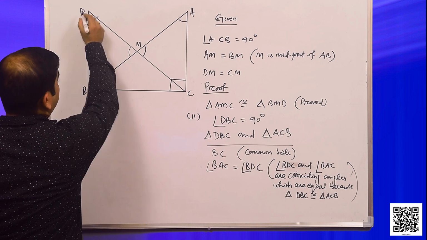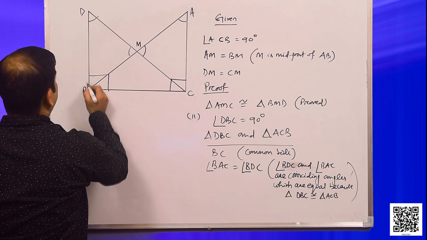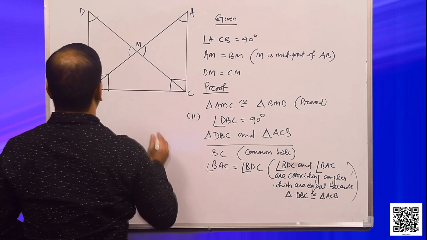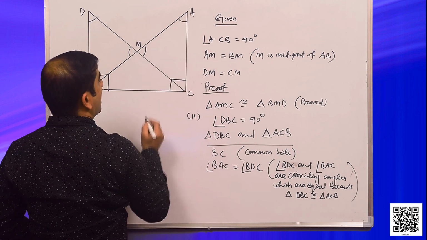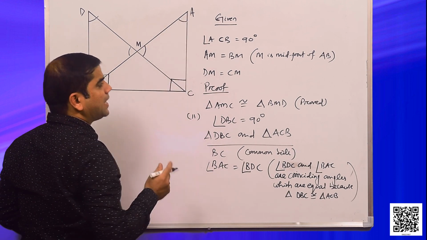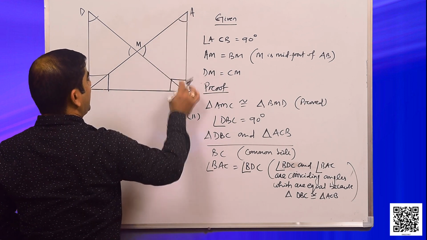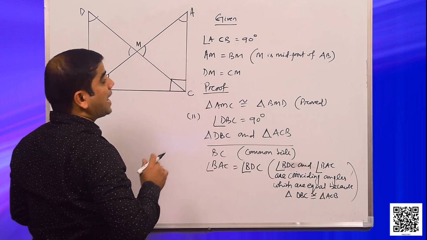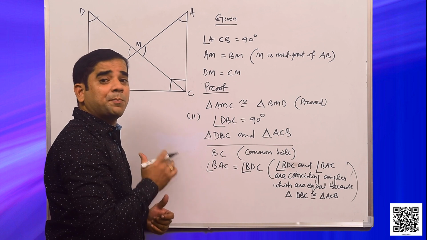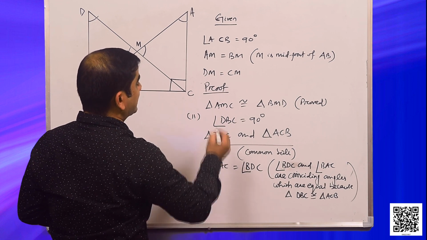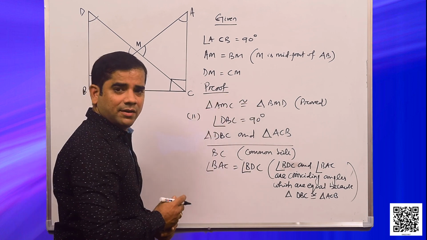So angle BDC and BDM, they are equal. Same way angle BAC and angle MAC, they are equal. MAC and angle MDB, they are equal because they are corresponding angles of congruent triangles AMC and BMD.